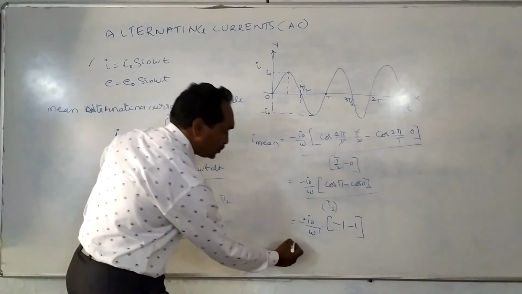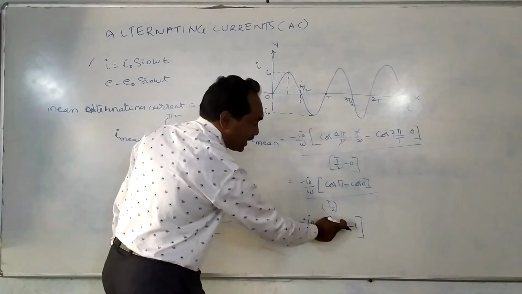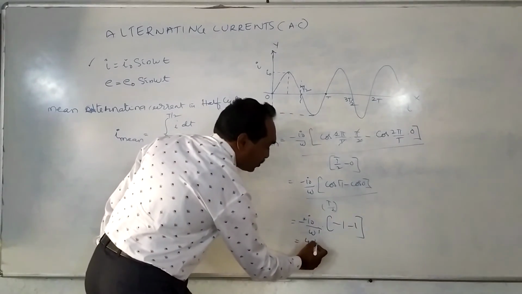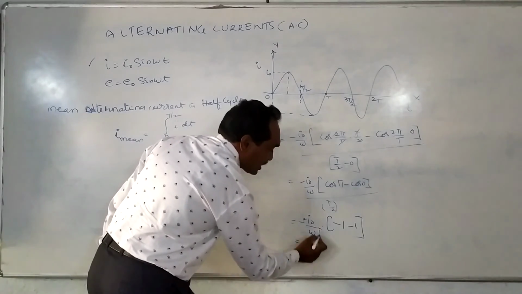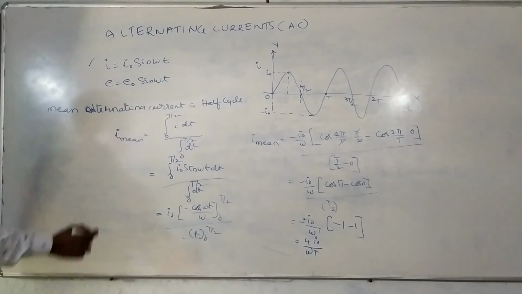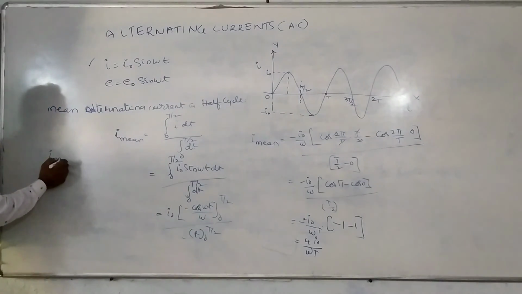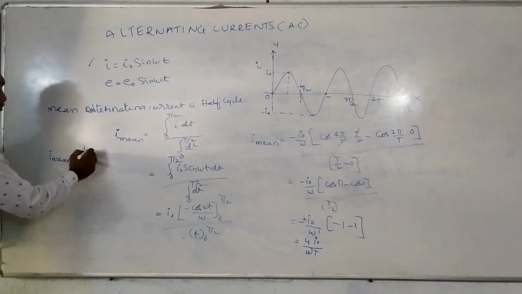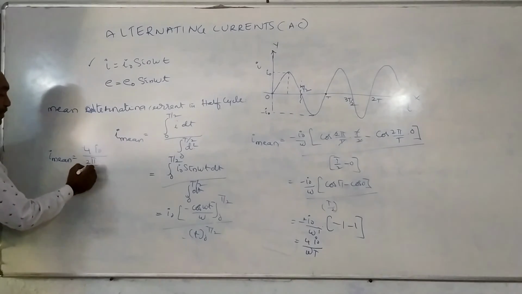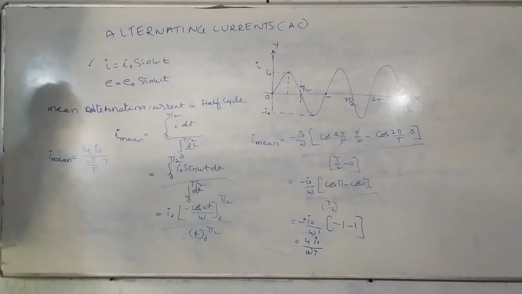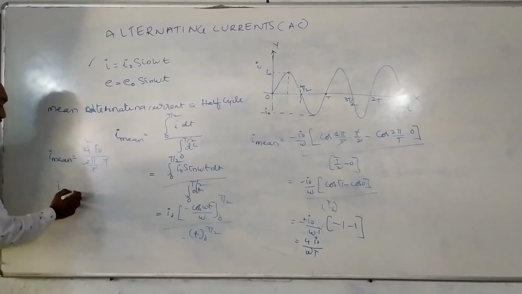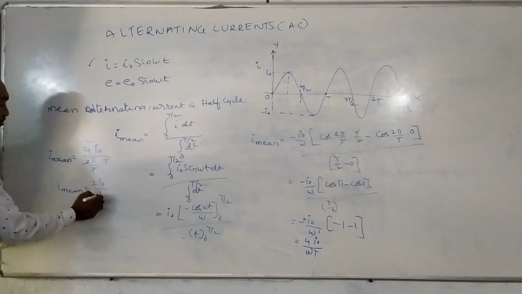So that is minus into minus 2, minus minus cancel, 2 into 2, 4 I naught by omega capital T. So that I mean is equal to 4 I naught by omega T, where omega can be replaced by 2 pi by capital T. Thus the T cancels, the 2 cancels, and I mean is equal to 2 I naught by pi.